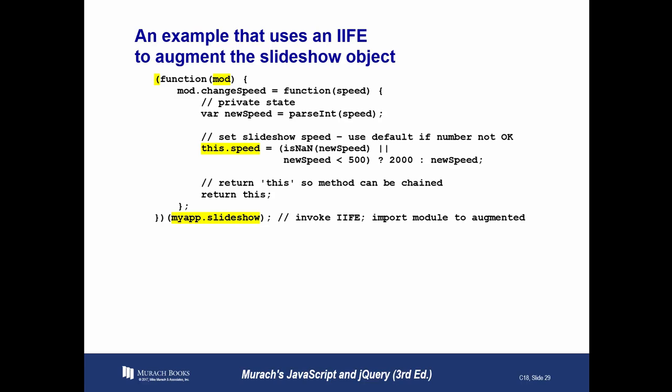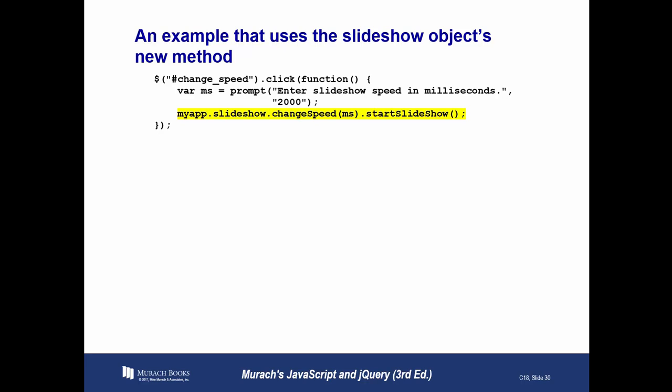In this first example, the figure imports the myapp.slideshow module that was created in the previous figure by passing it as an argument to an IIFE. Once a method has been added to a module, it can be used like any other method. And that's what the second example here shows.